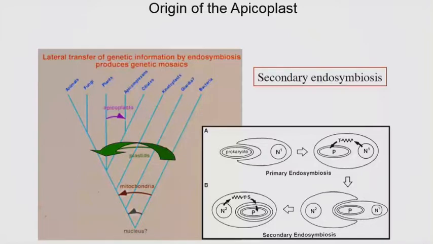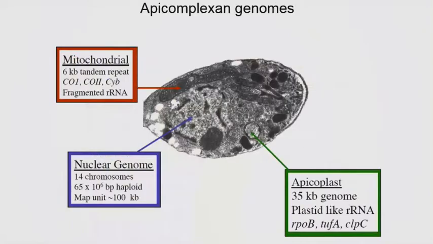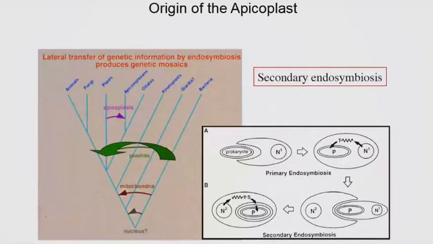Now, originally, this algal cell that became an organelle of the apicomplexan parasites had a lot of genes, but over time, those genes moved to the nucleus. So the apicoplast genome is very small, just like the mitochondrial genome, 35 kb. But a lot of those genes have moved to the nucleus, so now they're made in the nucleus, and the proteins traffic back to the apicoplast. So this has been an active area of study in the field, both for Toxoplasma and Plasmodium, because they have an apicoplast.